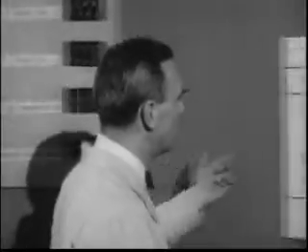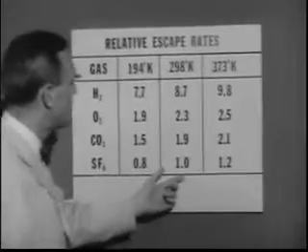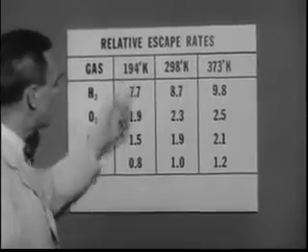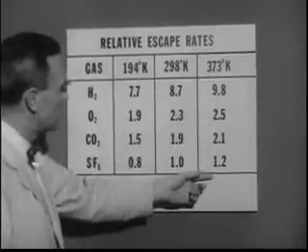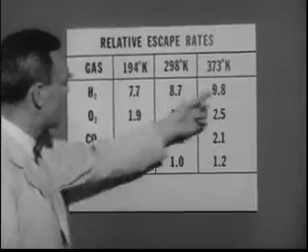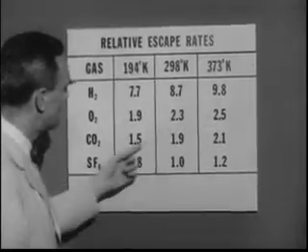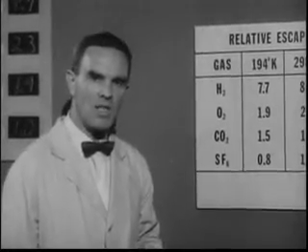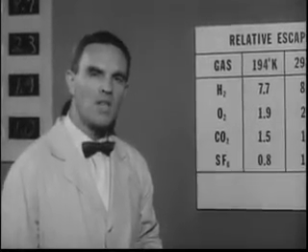We collected our data at room temperature. If we repeat the escape experiment at different temperatures, we obtain these relative velocities. Notice that as the temperature rises, the molecular velocities always rise. Now from separate experiments, we know that the molecular velocity of oxygen is about 48,000 centimeters per second at room temperature.